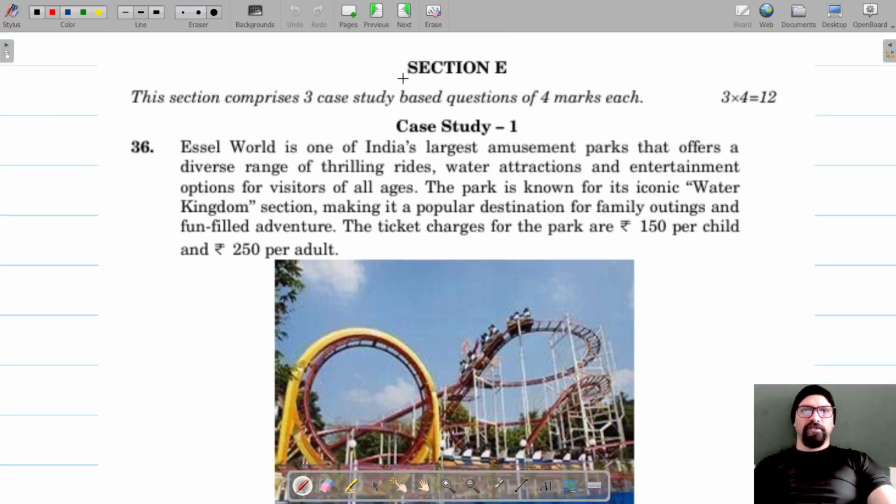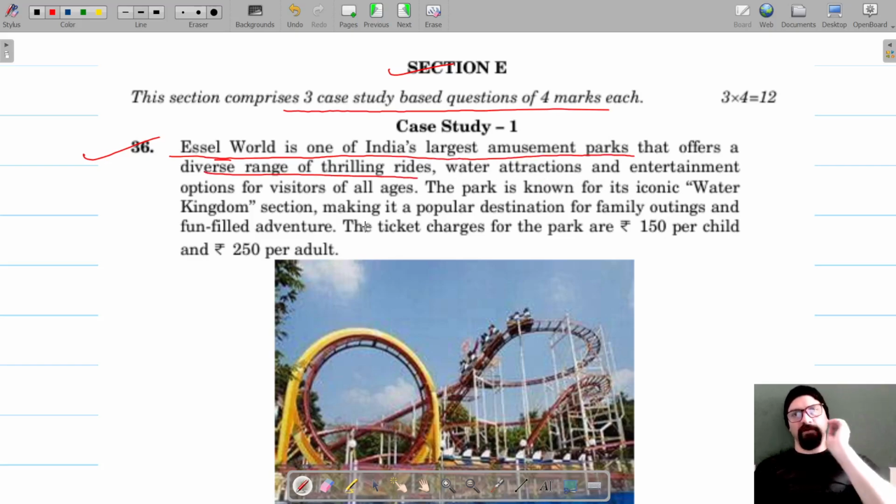Okay, we are on section E, and this section comprises 3 case study-based questions of 4 marks each. For question number 36, it's given that SL World is one of India's largest amusement parks that offers a diverse range of thrilling rides, water attractions, and entertainment options for visitors of all ages.